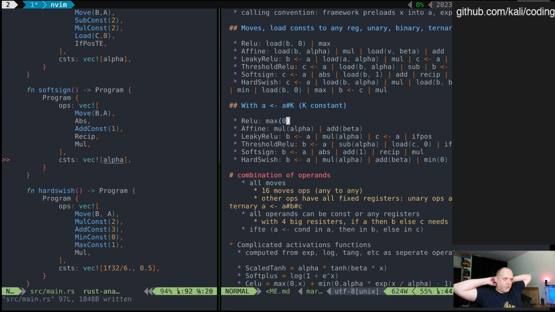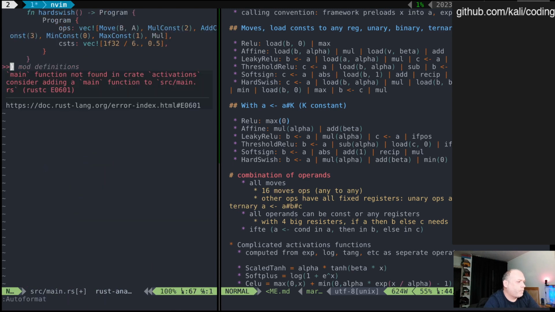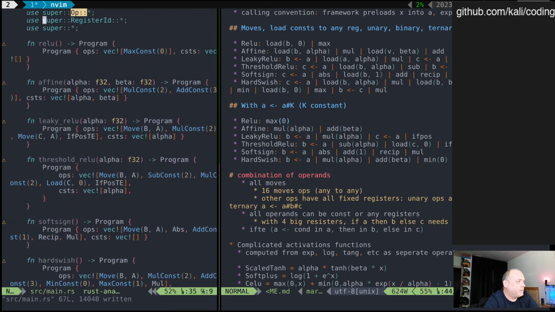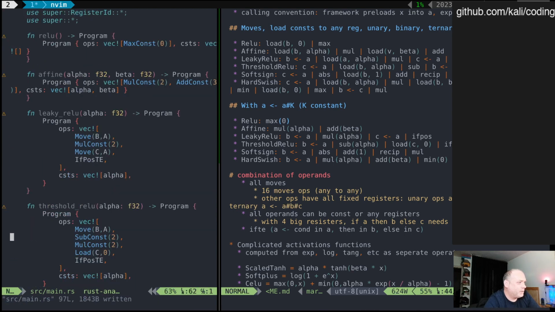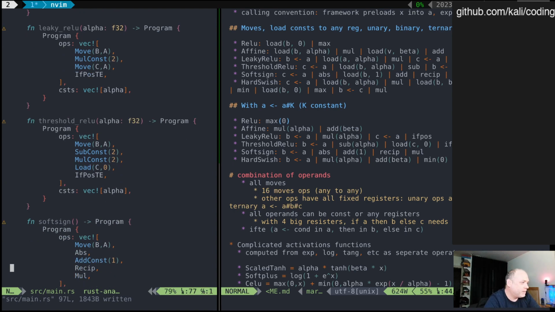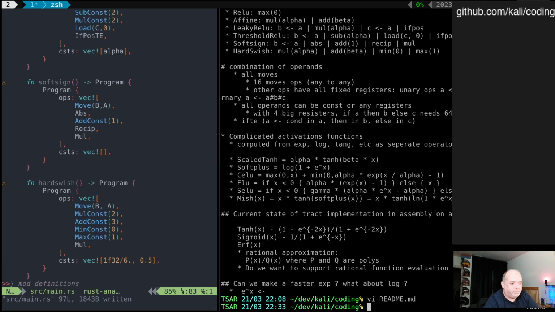So really, I mean, this form is so much nicer. There is no question about it, in my opinion. So soft sign. I have an alpha in soft sign, and the compiler is not happy with it. There is no alpha in soft sign. The formatter put them back. It really doesn't like to have them like this. I can probably tell rustfmt to ignore them.